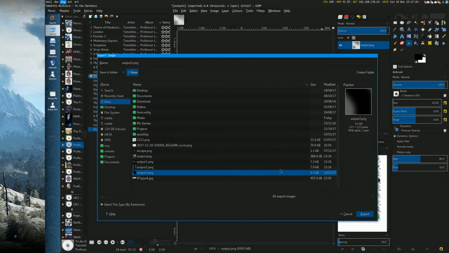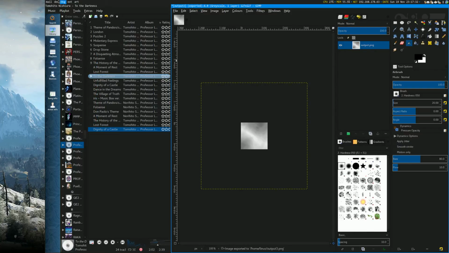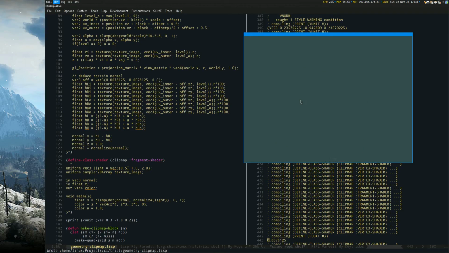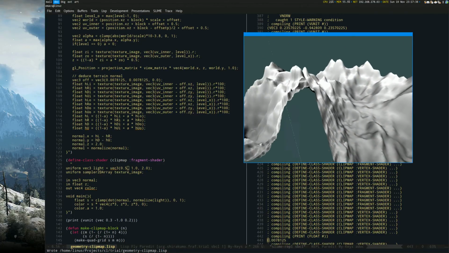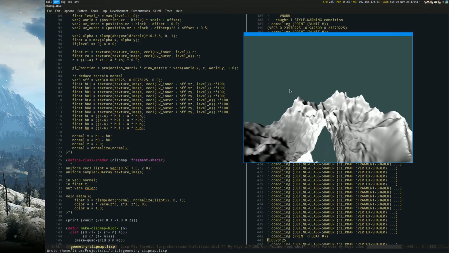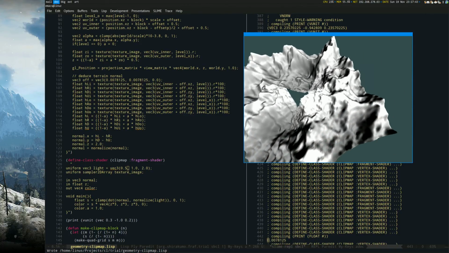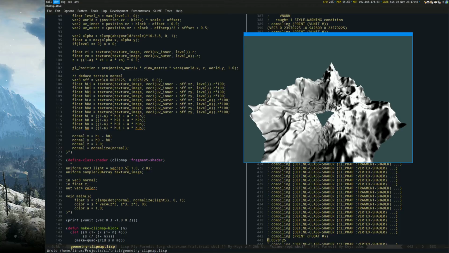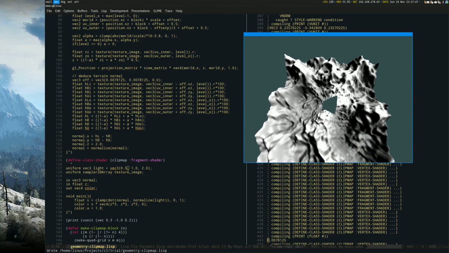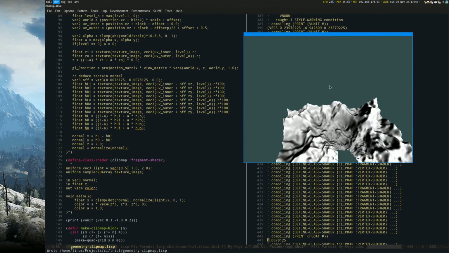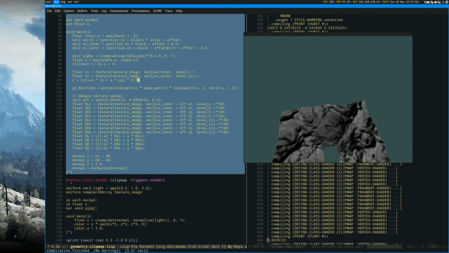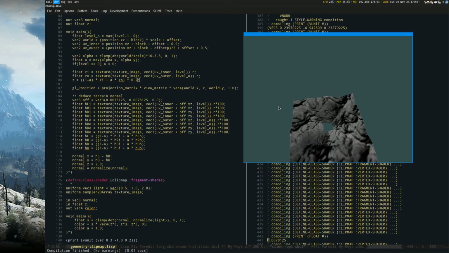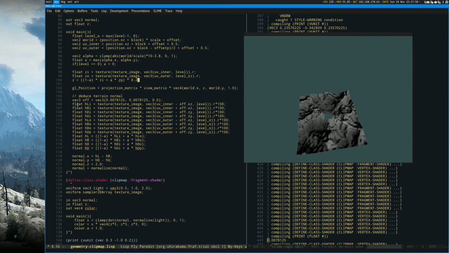Sure, the scaling also has some influence on it being not quite right. Oh my god. Neat. Could tone it down a bit, that's more like it. Maybe.